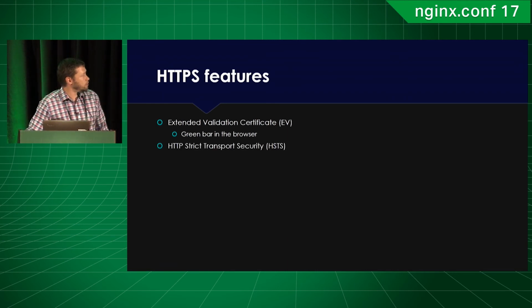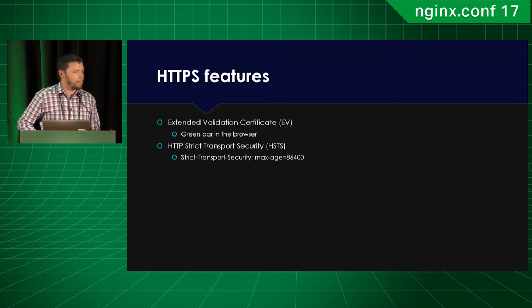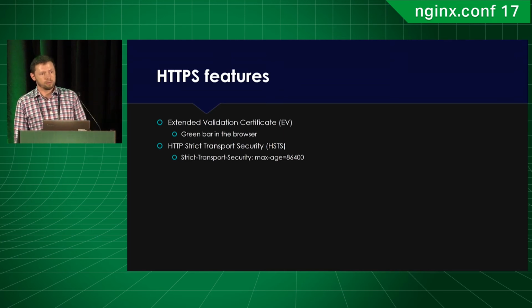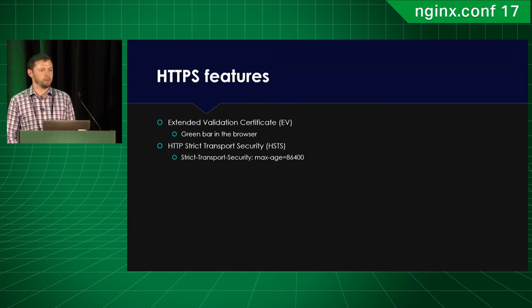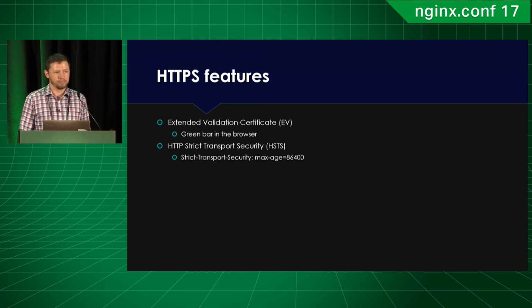HTTP Strict Transport Security is a way to enforce the client to talk HTTPS only. It's not like a redirect from HTTP to HTTPS. It's a way to enforce the client, the browser. But if your client doesn't care about the headers or doesn't support HTTP Strict Transport Security, it means nothing. You will not enforce it, so you have to enforce it by basically disabling HTTP.